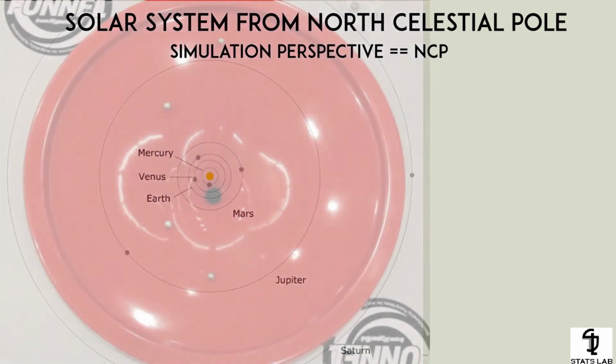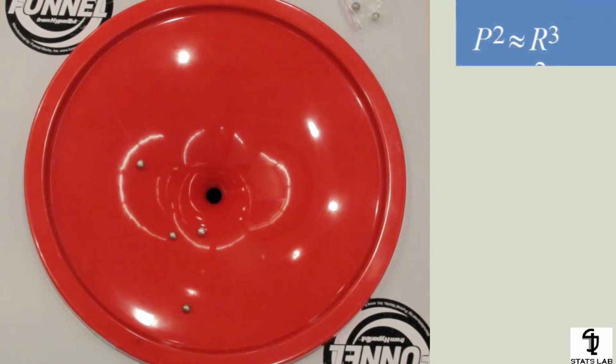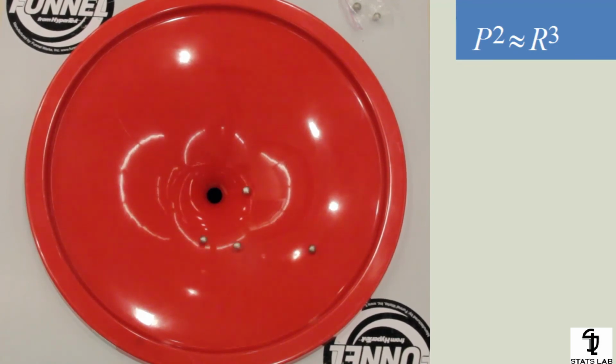We can create a mini solar system using the funnel, and note that the balls with smaller orbits move more rapidly and have smaller periods. We can show why this is true starting with our expression of Kepler's third law for circular orbits, and realizing that the orbital path is just the circumference 2 pi r of a circle of that radius r.